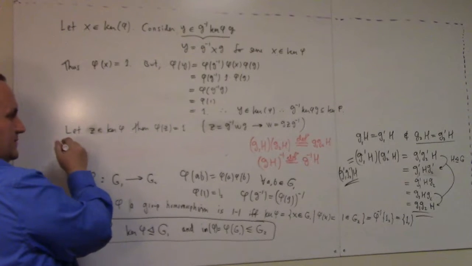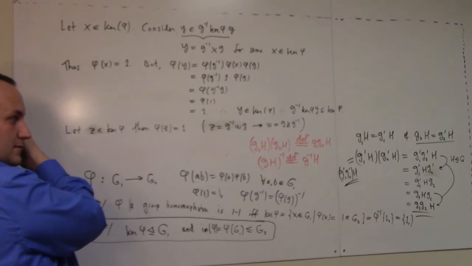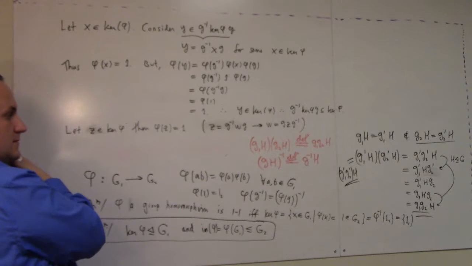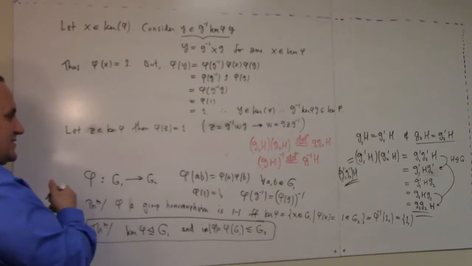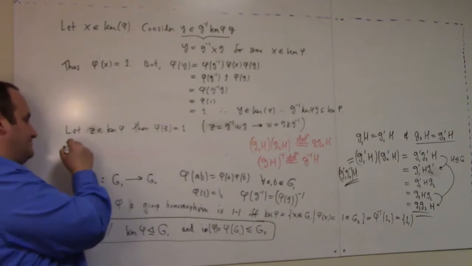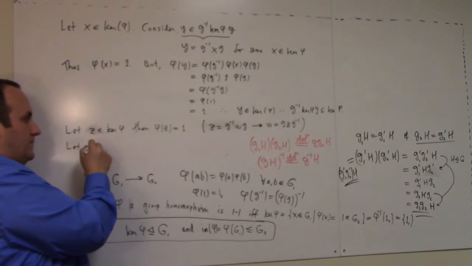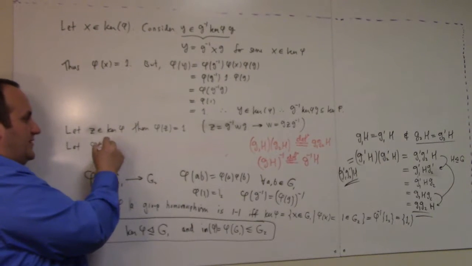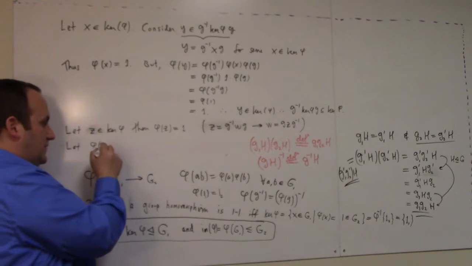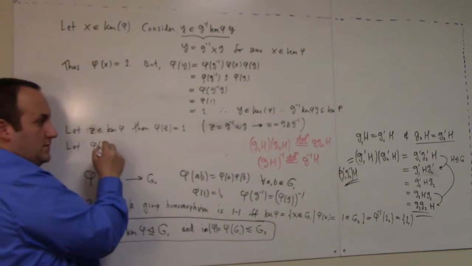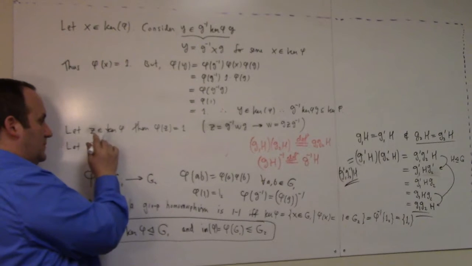Well, we want w to be in the kernel of phi, so we can just do phi of w. We kind of do the same process as we did before. So help me out here. What should I write? I've got a mental block at the moment. Phi of w. I mean, I'm trying to show z is in g inverse kernel g. Right, but z equals g inverse w g is the same thing as w equals g z g inverse.